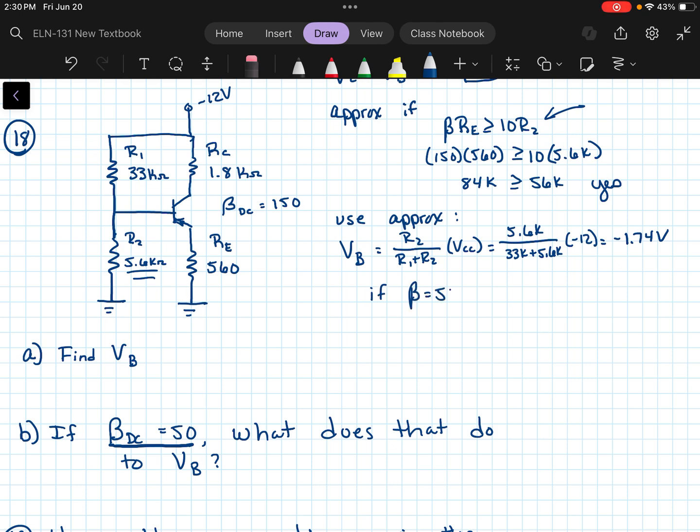If beta is now 50, then let's check beta RE greater than or equal to 10 R2. So 50 times 560 greater than or equal to 10 times 5.6K. 50 times 560 is 28K. Greater than or equal to 56K? No. So that means we would need to use the exact method.